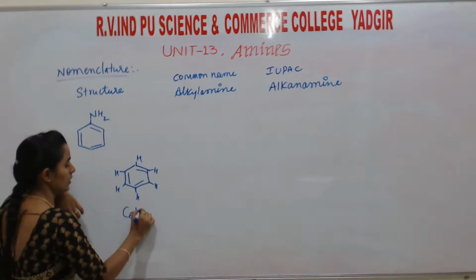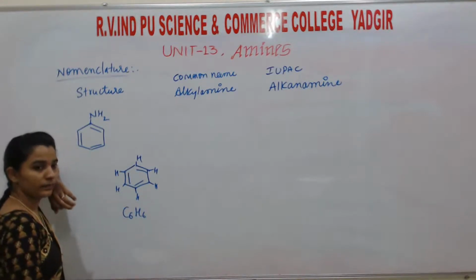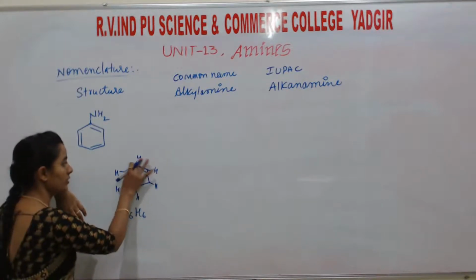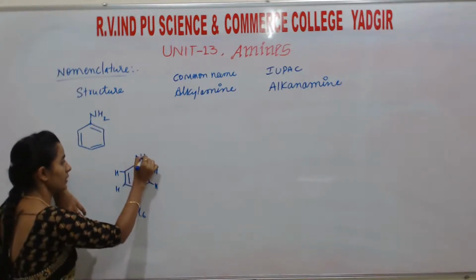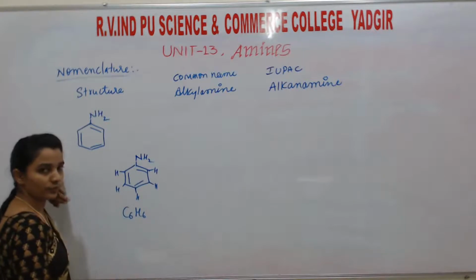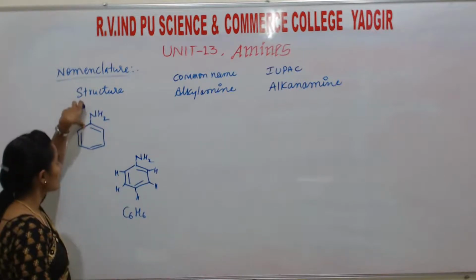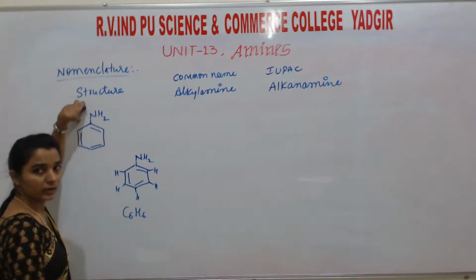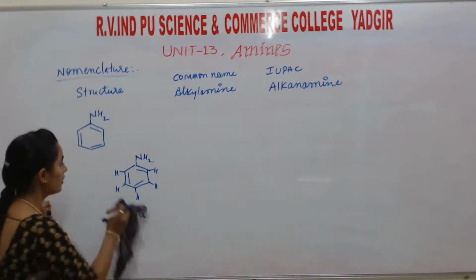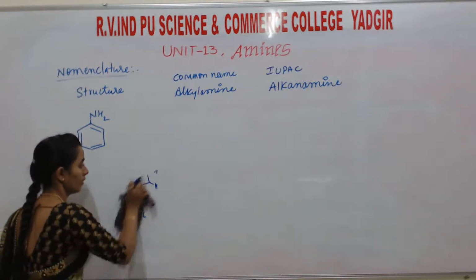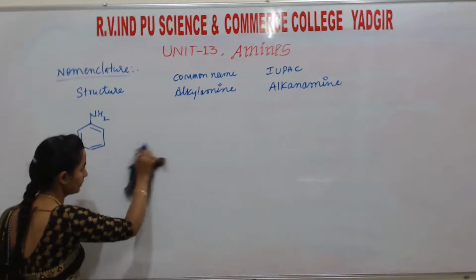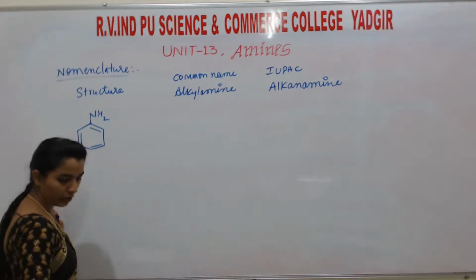That is C6H6, correct? Okay, one H is replaced by NH2. So that's what I wrote here. Understand? So this is a derivative of benzene, and also a derivative of ammonia.